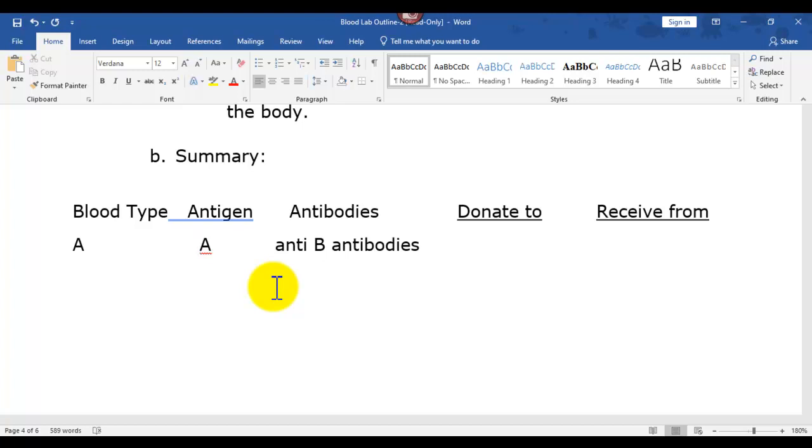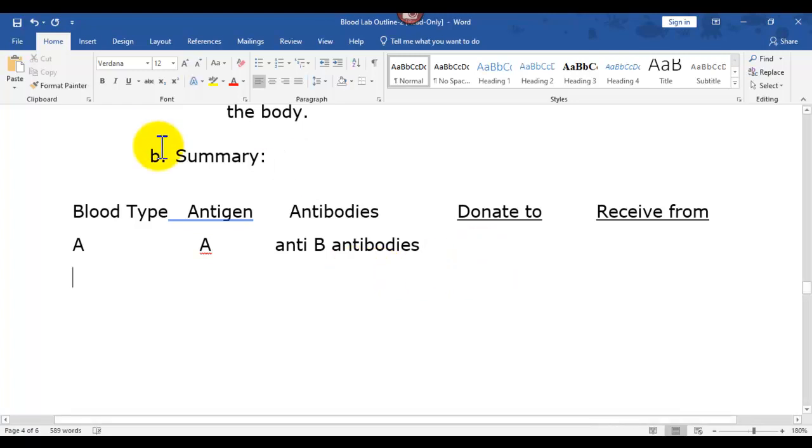That's what autoimmune means. An autoimmune disease is when a disease attacks a person's own cells. It's not supposed to. And during that inventory, when this A antigen is picked up by the immune system, automatically in plasma, that person develops what are called anti-B antibodies. You get the opposite antibody type.